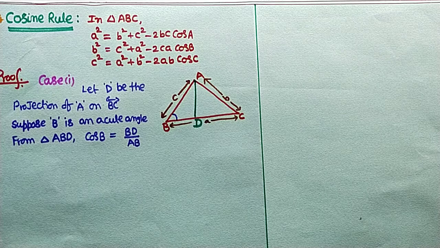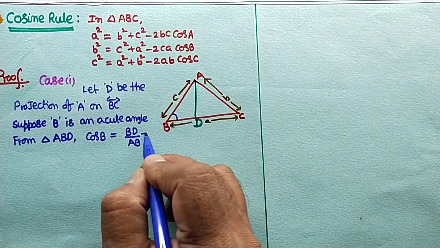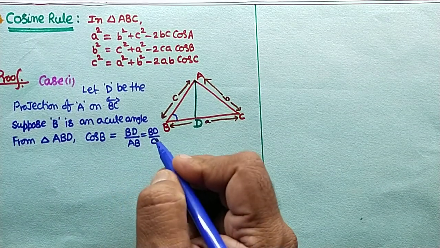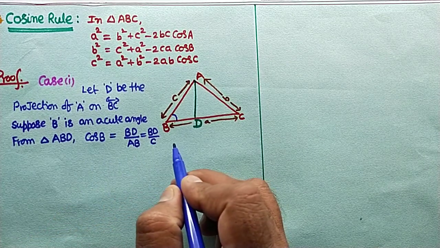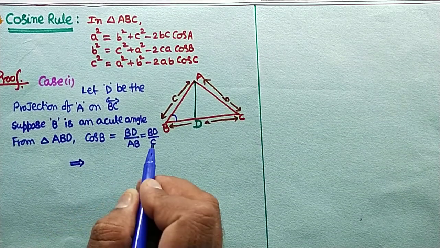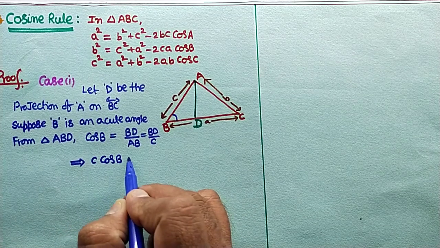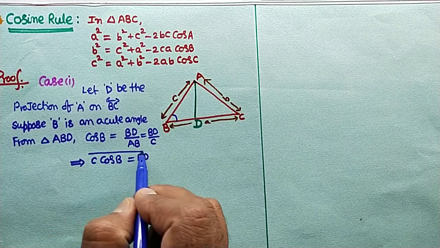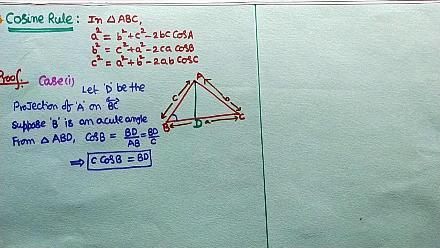So BD divided by c equals cos B. Cross multiplying, small c into cos B is equal to BD. This is the value of BD. We will keep it like this.